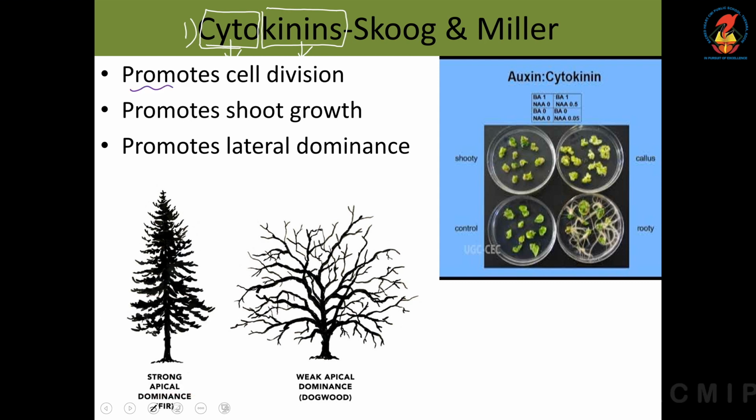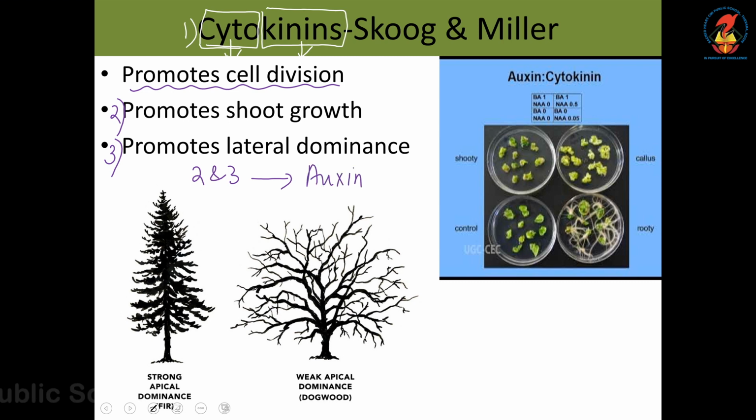function is that it promotes cell division. Next, as I told you, the second and third points will go in context to auxins because cytokinins are opposite or antagonistic to auxins.